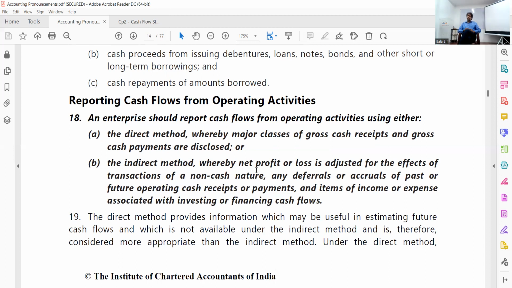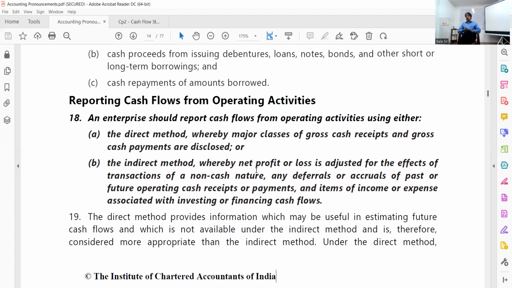18B is the indirect method. Which para gives examples of operating activity? Please refer to para 12, right? Para 15 is examples of investing activity.